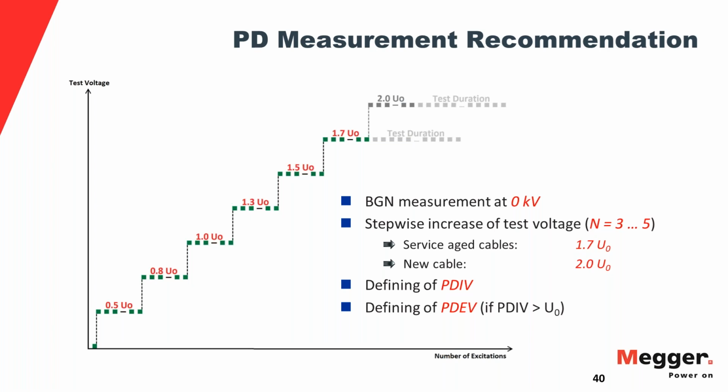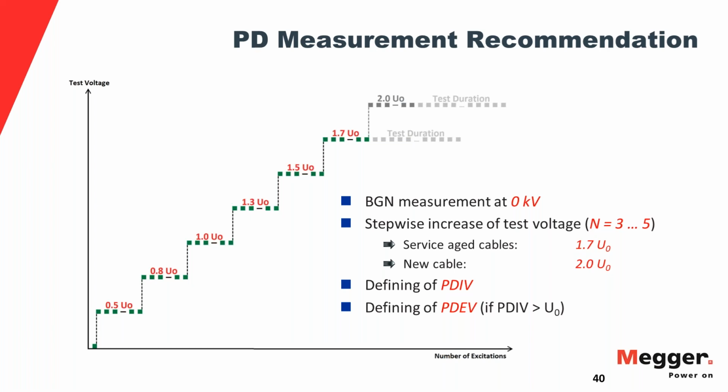So again, I repeat myself, if a very old serviced age cable passes a VLF test at 1.7 times U0, that doesn't mean it's good. It just means, okay, I'm okay for the next ground fault, and I can proceed, and I'm probably not better than just 1 year or something. So I won't get this 2 to 3 years reliability that you got from Dortmund and Malaysia, the field studies.